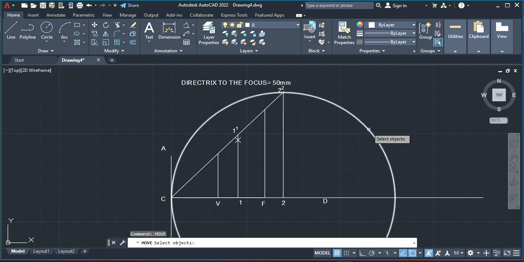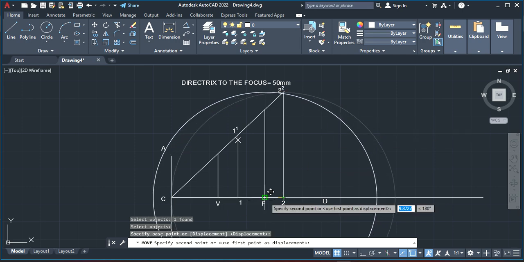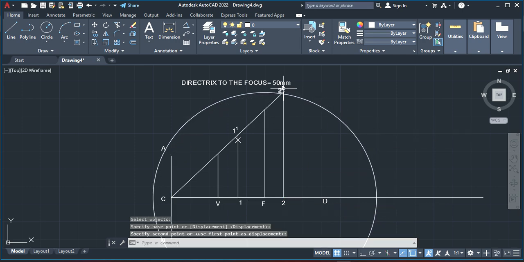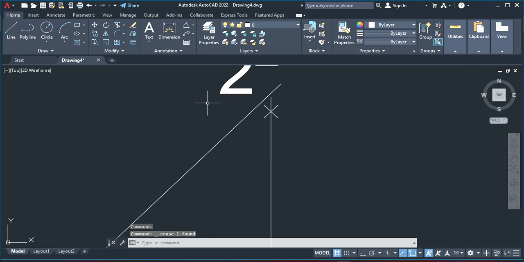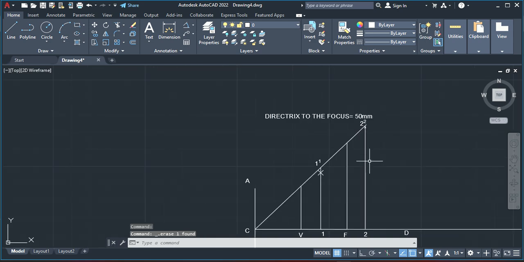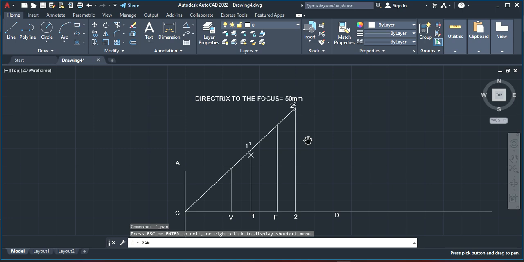Okay, select this option, enter, then move the center from 2 to F. Then for the points we are getting here, use the point command, enter, then select on this point. Now remove the circle. So you got 2 points. You can go for some more points. Like this you can extend.